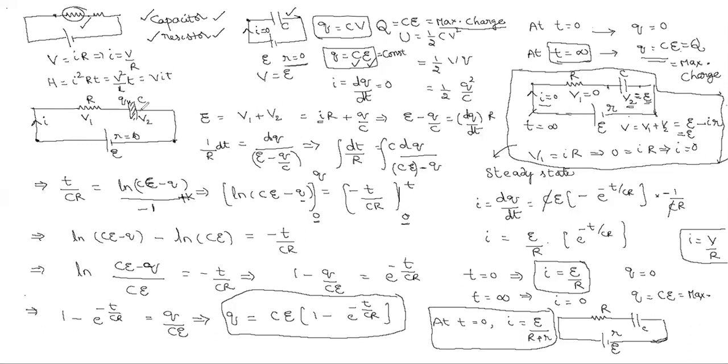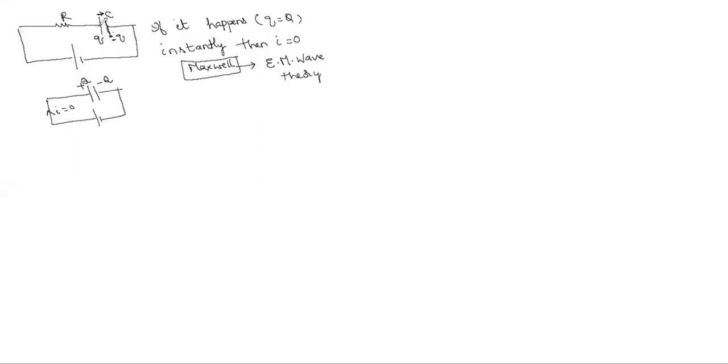That's why the opposition starts once the current flows. What I said here, the charge on the plates is not constant, it is changing. Due to the change of charge, some current flows between the two plates. What I'm saying is I is not V by R across the capacitor.